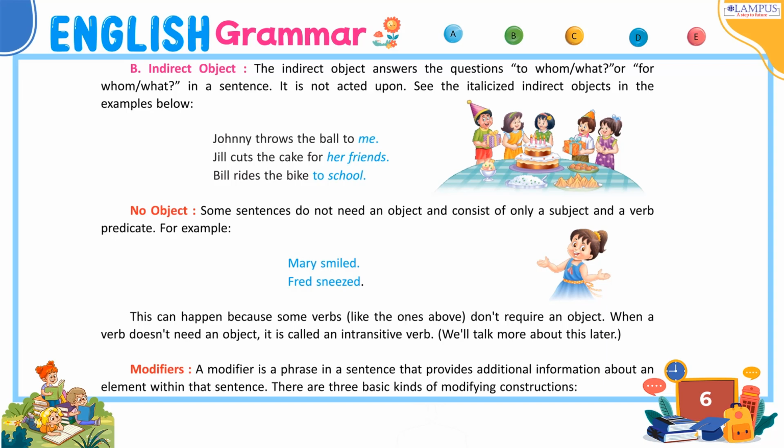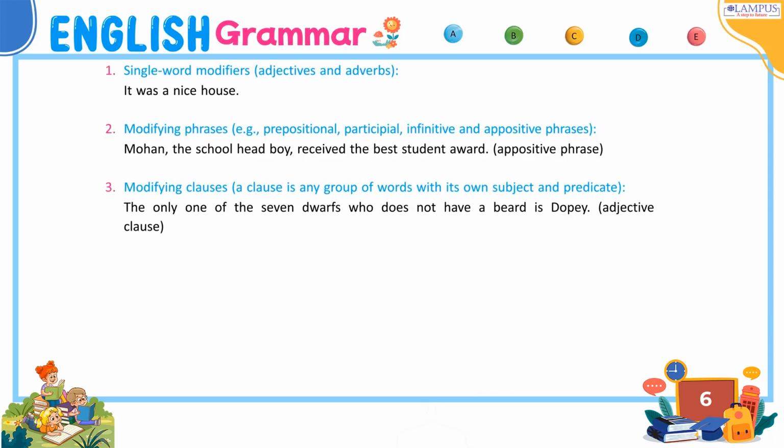Modifiers. A modifier is a phrase in a sentence that provides additional information about an element within that sentence. There are three basic kinds of modifying constructions. 1. Single word modifiers, adjectives and adverbs. It was a nice house. 2.